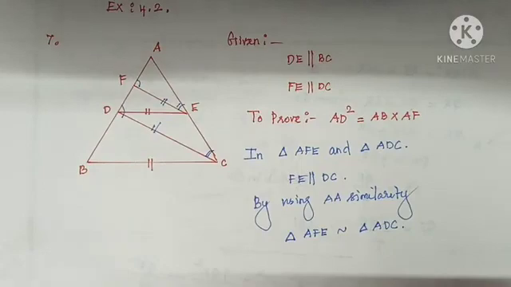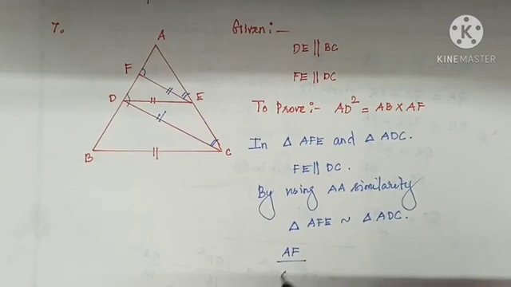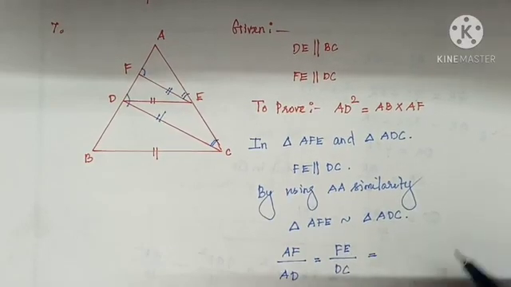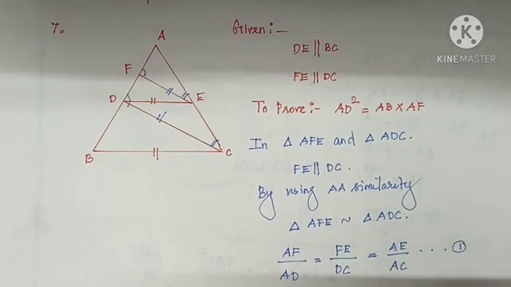You know this concept. So according to that, we can write AF by AD is equal to FE by DC, and one more result we can write, that is AE by AC. Consider this as 1.